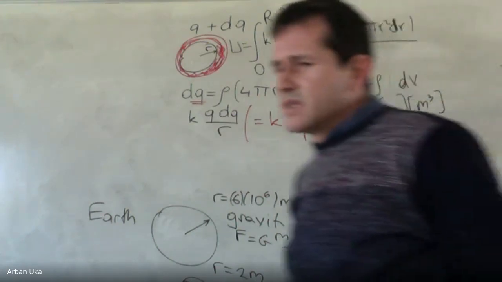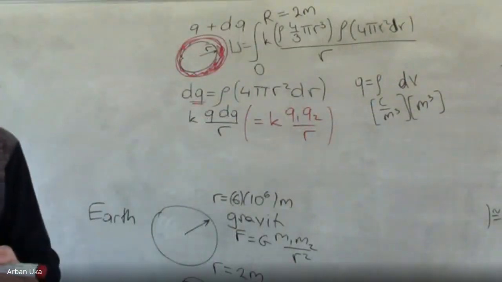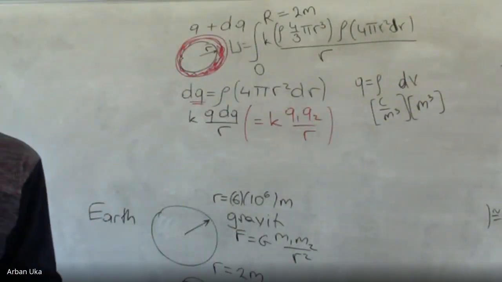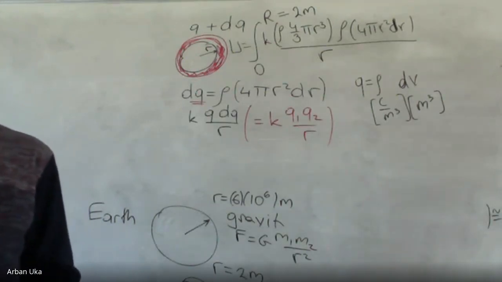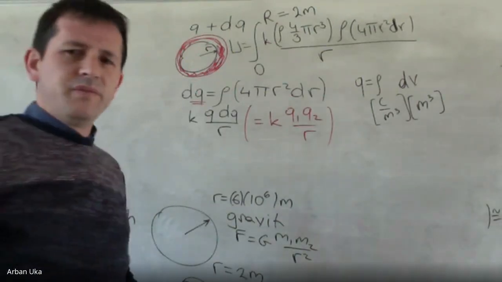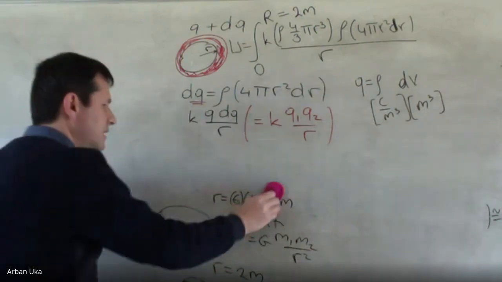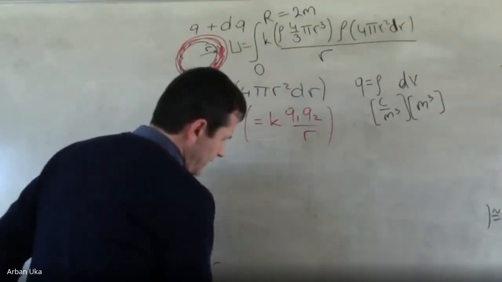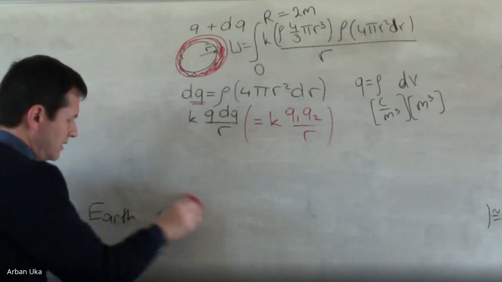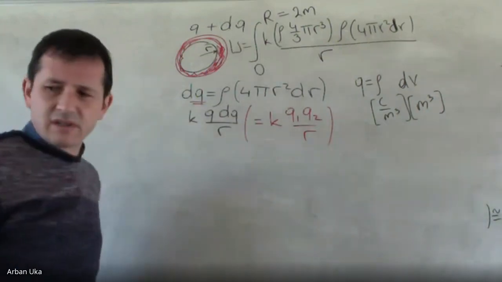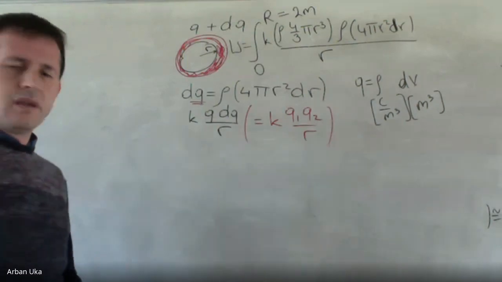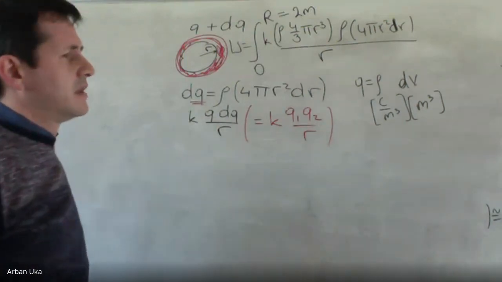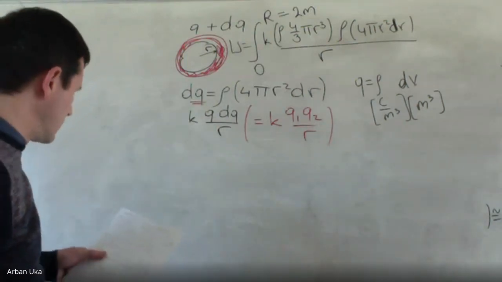Okay? So this is how we have to deal with the analysis of the fields which are created for charge distribution. Now, being able to write these integrals might sometimes be difficult, but it's also a very good exercise to apply the knowledge that you learn from calculus.